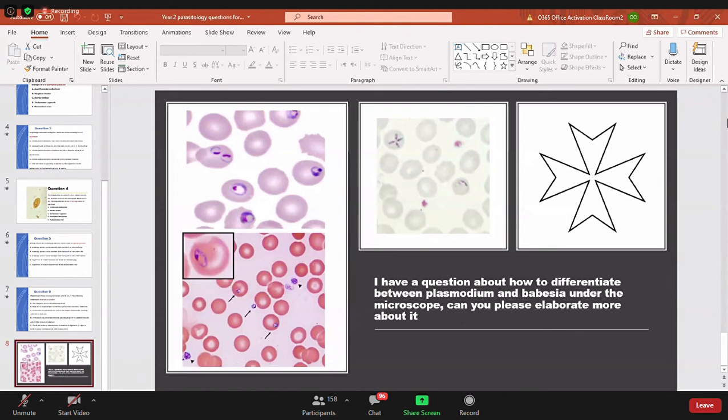Usually the schizonts are formed deep down in tissue, because I told you the organism is microaerophilic, so it tends to actively divide in tissue. Then the merozoites are released. The merozoites you can find in peripheral blood. Is that clear? Yes, thank you.